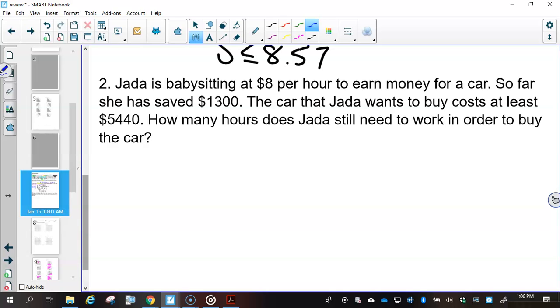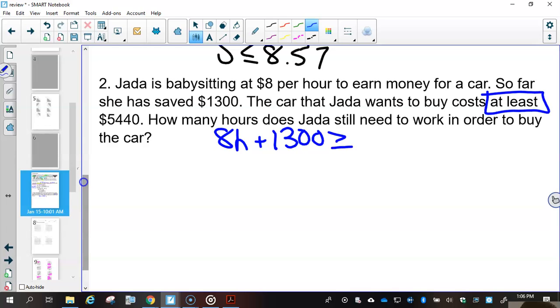This is what she earned so far, that would be the 5. That is the total. 8 plus 30, 1,300. Greater than or equal to, because it says at least.